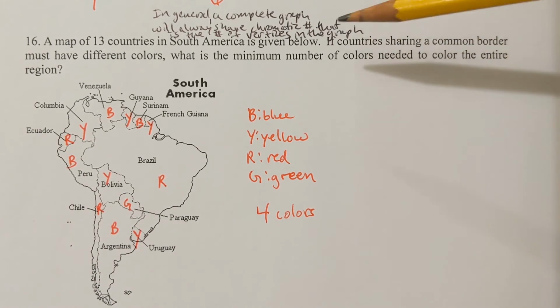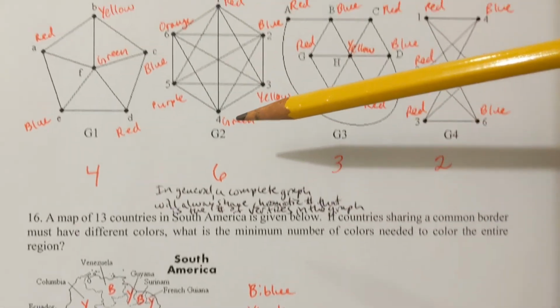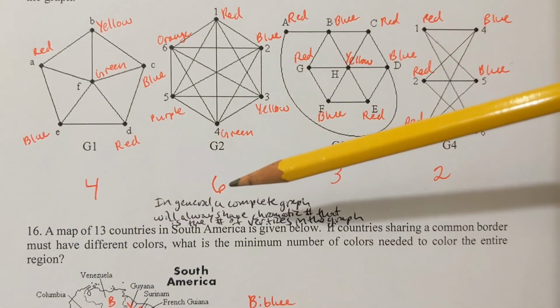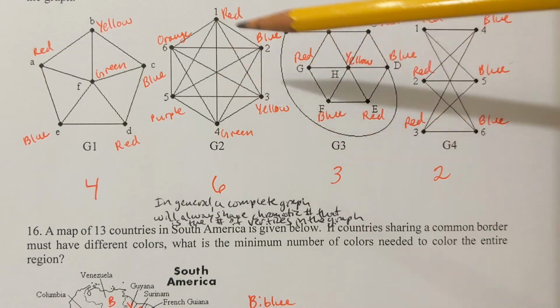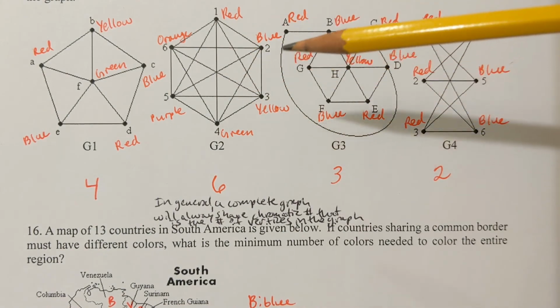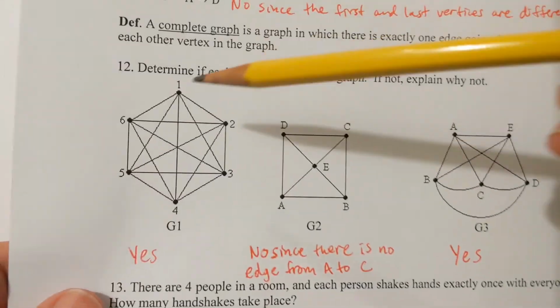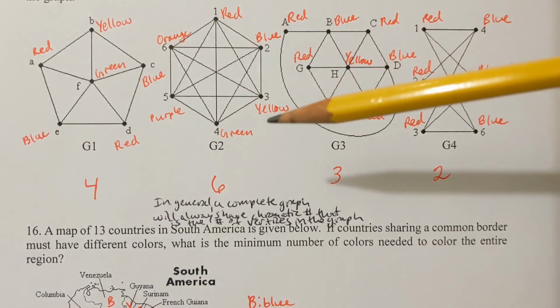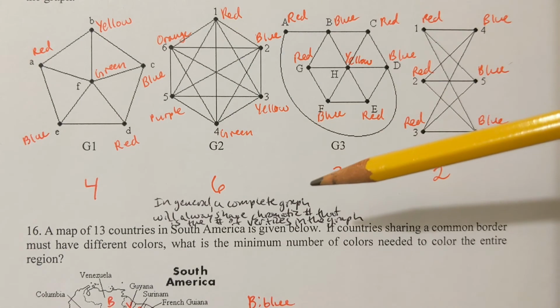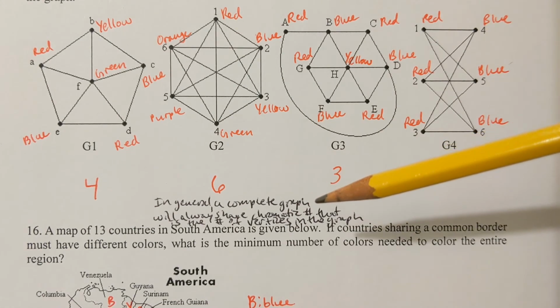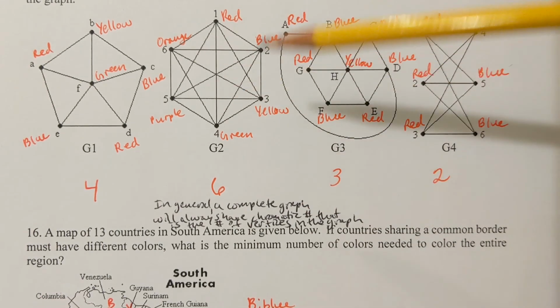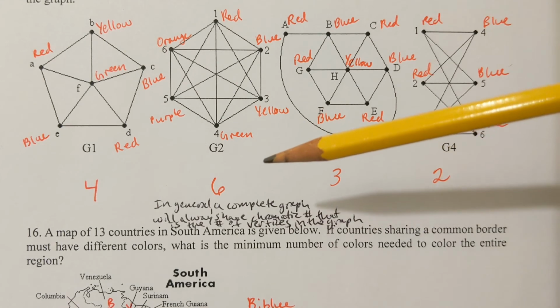By the way, in G2, I forgot to mention, in general, a complete graph, which we've already seen, that's this one, will always have a chromatic number equal to the number of vertices in the graph. So there's 6 vertices, there's going to be a chromatic number of 6.